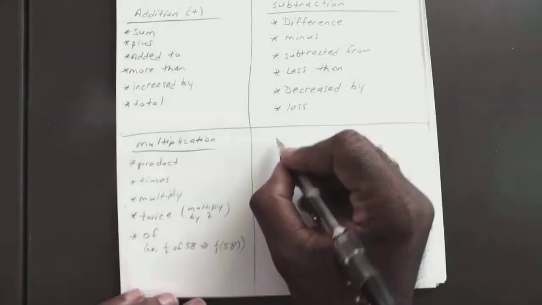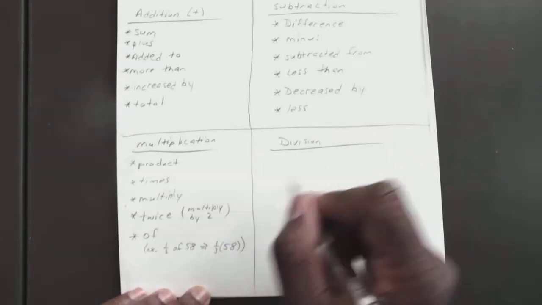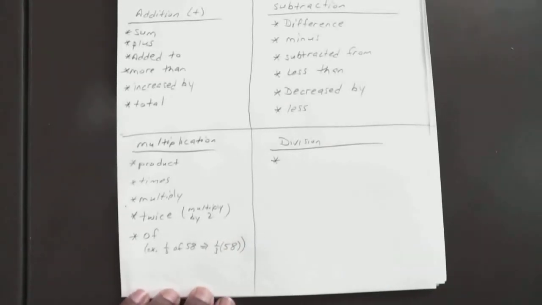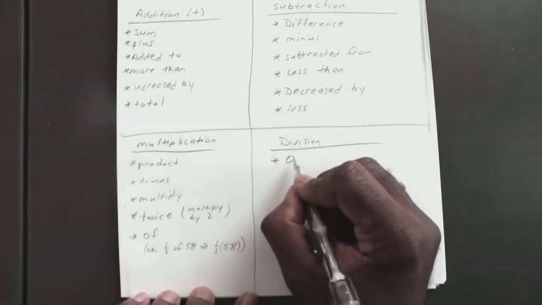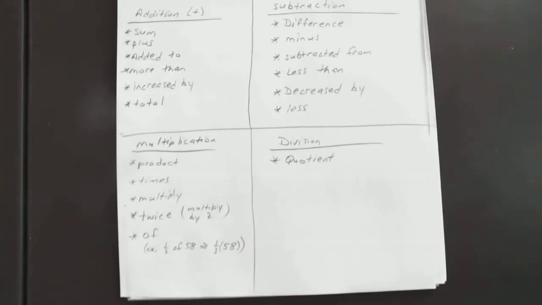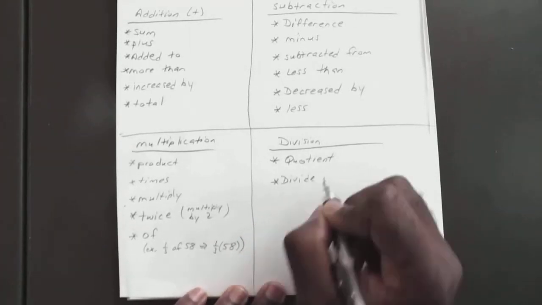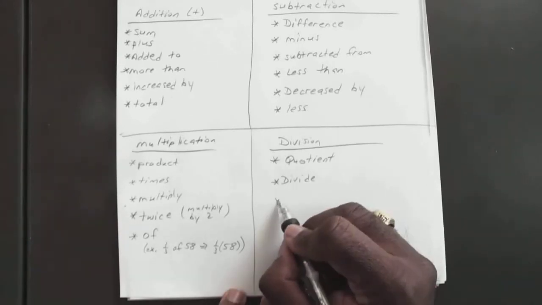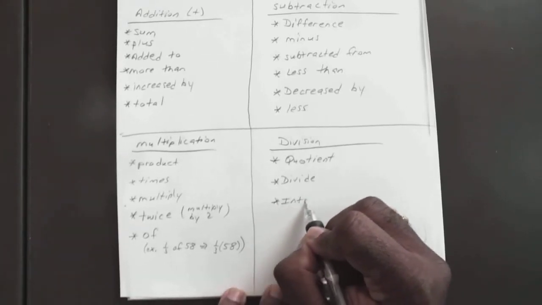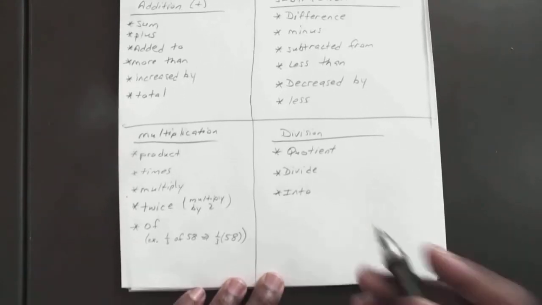Now for division, you might see the word quotient, or they may just come out and tell you to divide. You might see into, like 8 goes into 64.